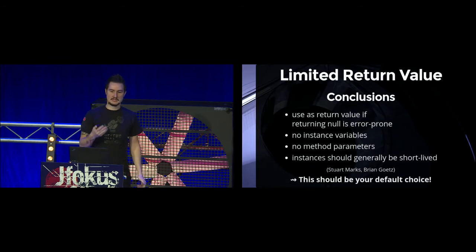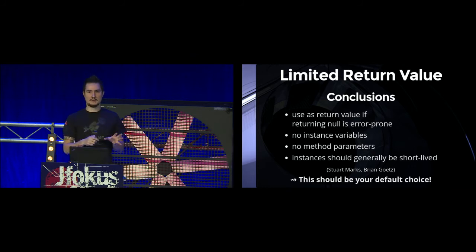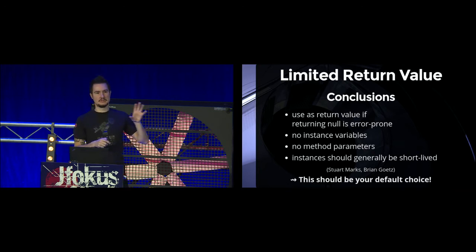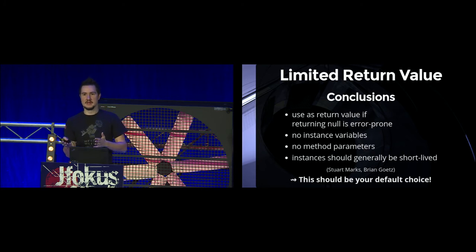So the conclusion is, use it as a return value if returning null would be very error prone. And this is exactly why it was introduced. It was introduced as the tail end of a stream pipeline, because if you call findFirst on a stream and you get null back, then you're bound to do something with it and get a null pointer exception. So it was meant for places where null is returned and the user is very likely to call additional things on that.